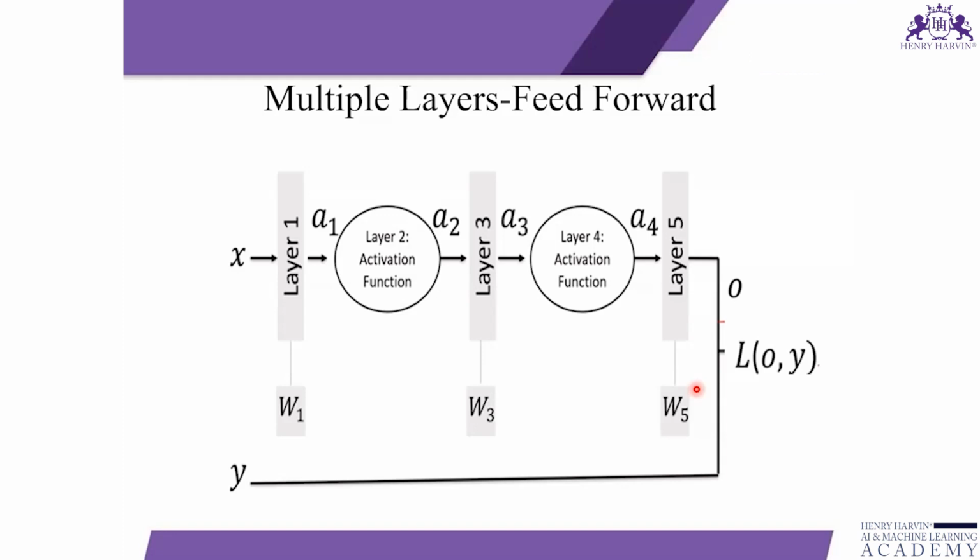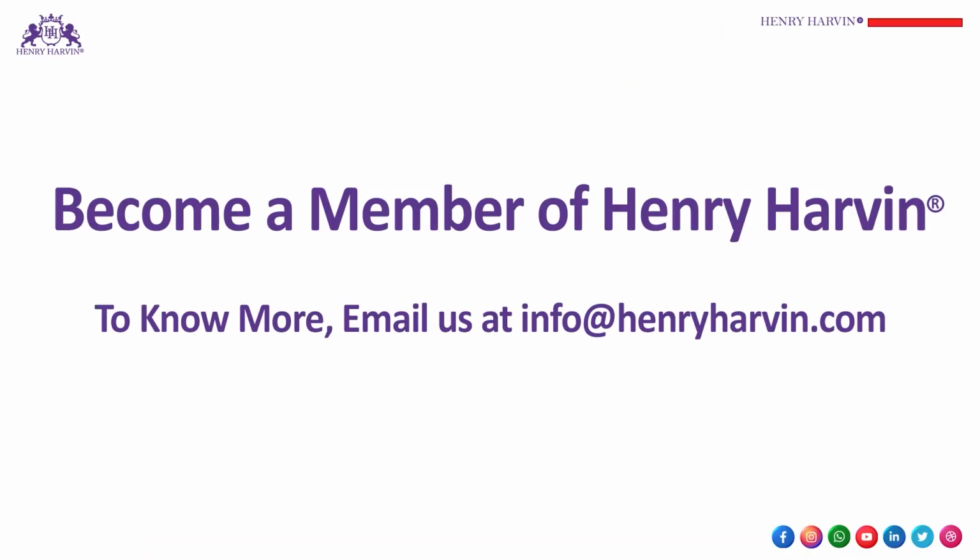So the loss function takes in two vectors, but the output of the loss function is always a scalar quantity. So just to put that in, you have your input that gives you an output. You also have a target, or the ground truth. And the loss function takes both and gives us the score. So this is more information about feed forward and how it is being carried out in the multiple layers.